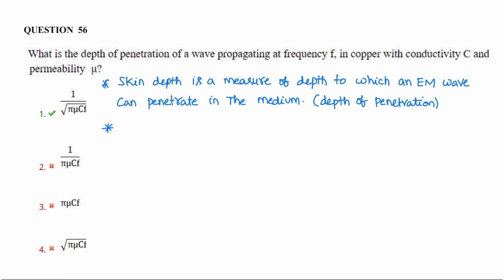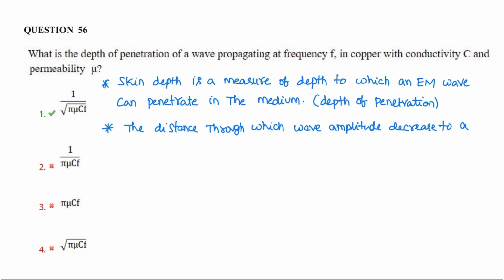Skin depth is a measure of the depth to which an EM wave can penetrate in the medium, or the distance through which the wave amplitude decreases by a factor of e power minus 1, that is 37%. One more definition: the distance through which the wave amplitude decreases to a factor of e power minus 1, that is 37% of the original value, is called skin depth or depth of penetration.